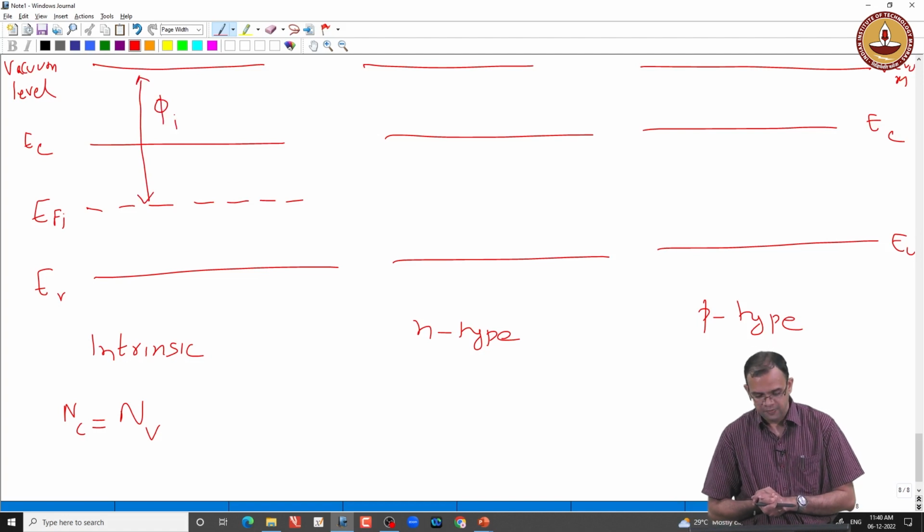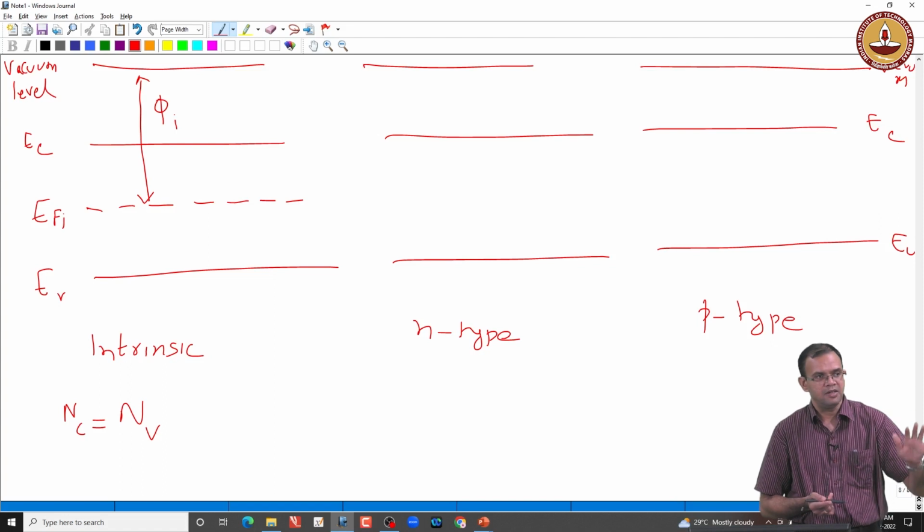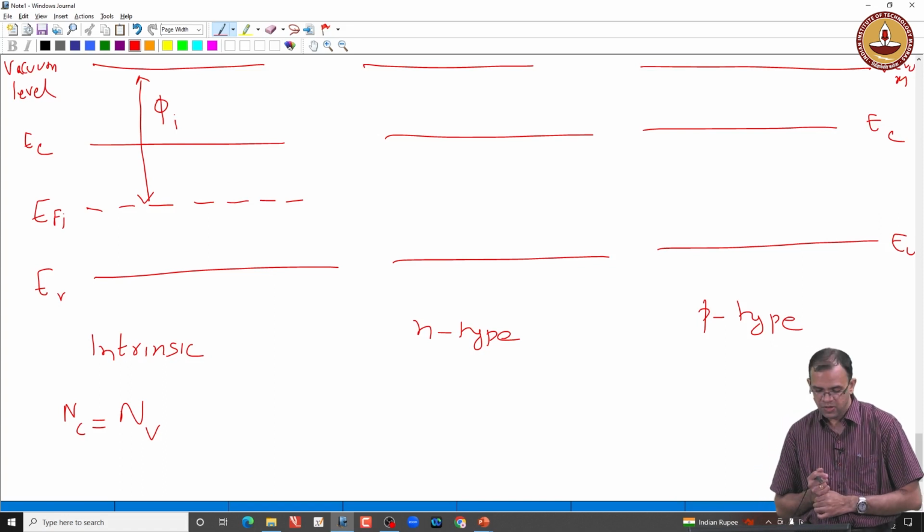So phi I. If I have an N-type semiconductor, same semiconductor, we'll just take silicon as an example. Even though in silicon NC is not equal to NV, you can just use silicon as an example. So now I have an N-type semiconductor or N-type silicon. So I have added some donors so that I have created more electrons than holes.